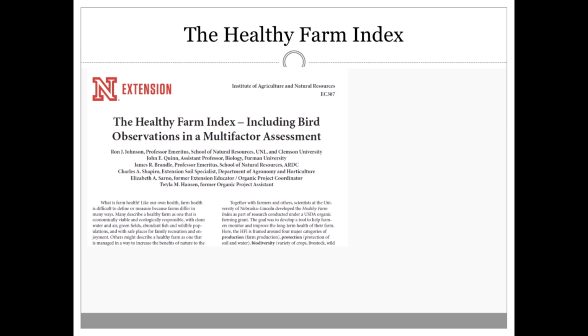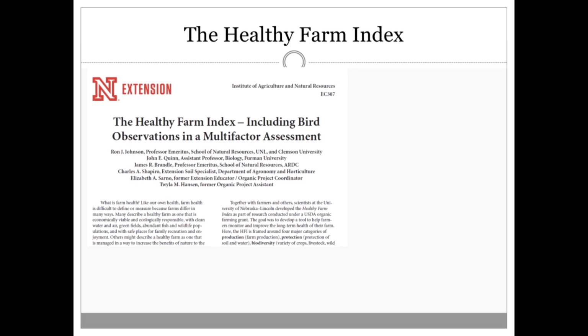Like we mentioned before, there's a couple of ways to actually use the Healthy Farm Index. One is the extension NEB guide that should be available soon, hopefully in the next month. It has a lot of detailed information about the indicators and walks you through it.